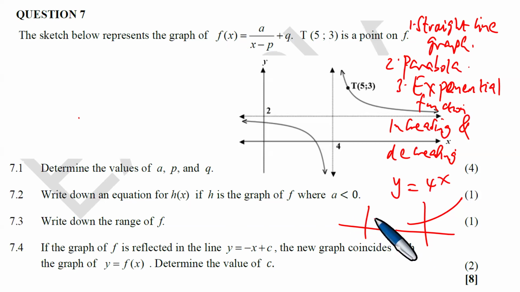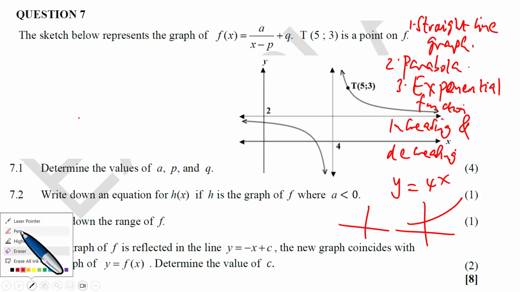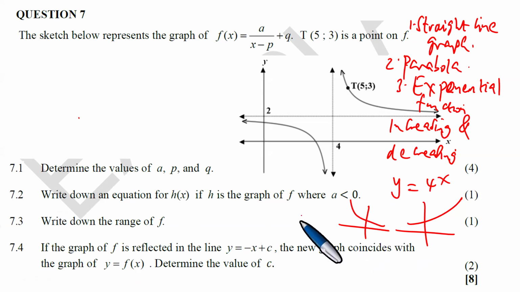And there's this other one that goes the other way around, which is called the decreasing function, 4 to the power minus x. Our sketch below represents this particular one, and T is a point on f. Determine the values of a, p, and q.